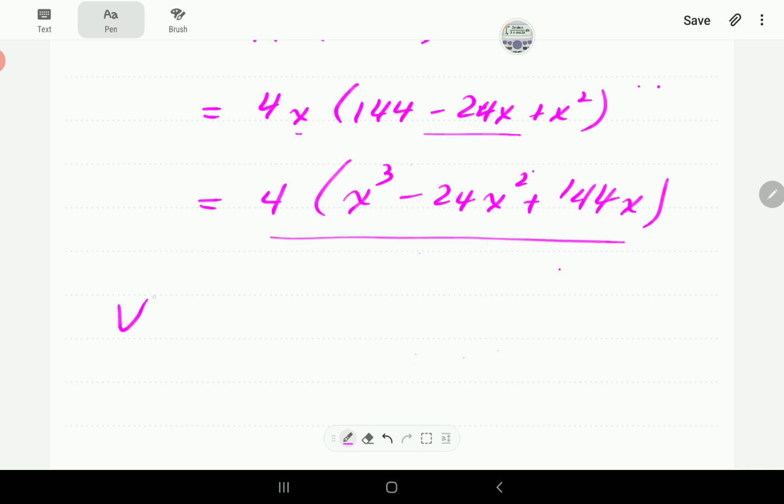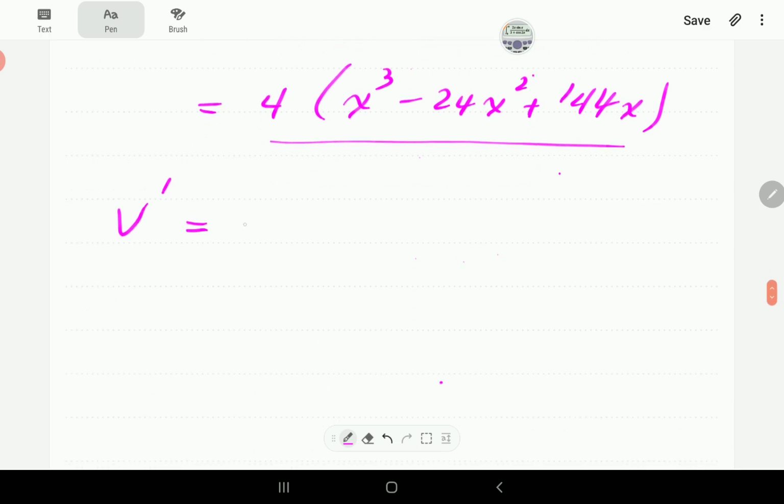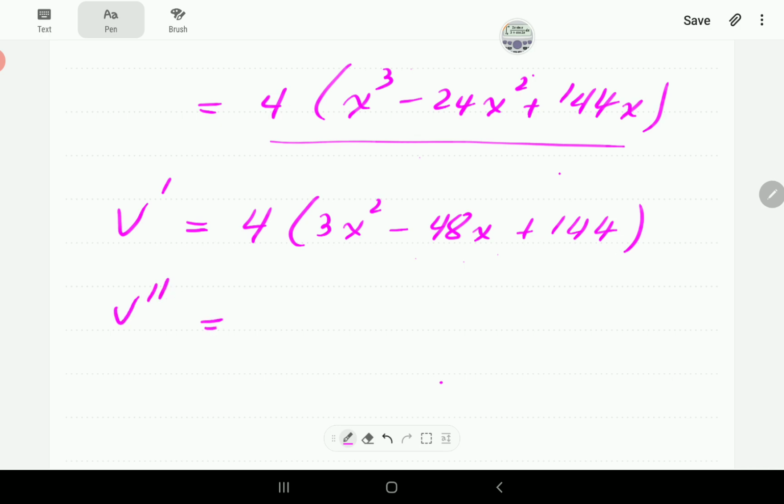So of course, to do that we need to find the derivative. Derivative of this is going to be 4 into 3x squared minus 48x plus 144. To find the stationary points, we'll equate this to 0, but for now I'm going to work out the second order derivative.